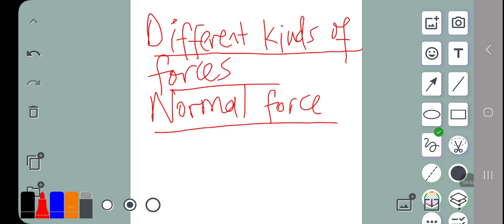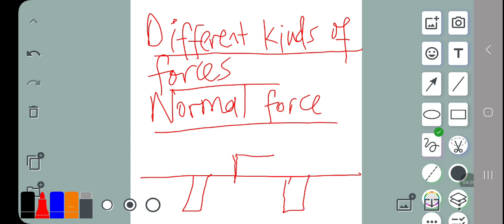As you are given from the definition, they say a normal force is exerted from the surface, which means we can only experience a normal force if an object is on the surface. Surface can be a table or it can be your ground. Let's say this one is your table.